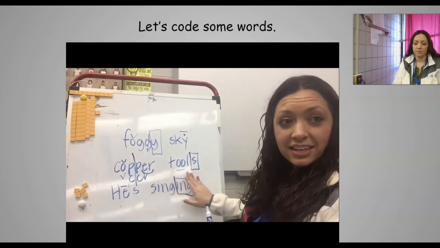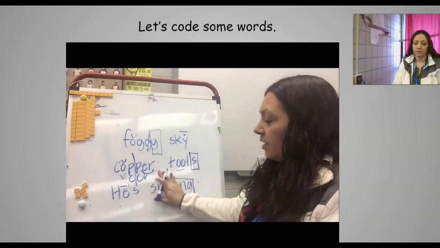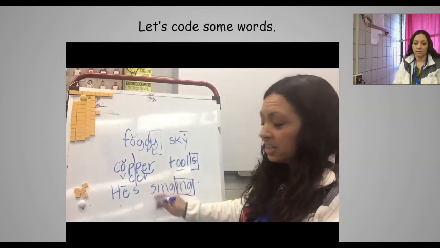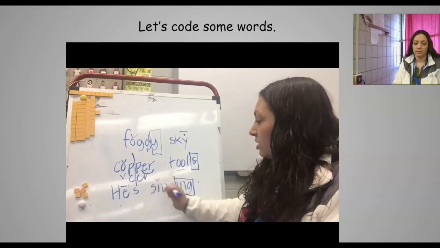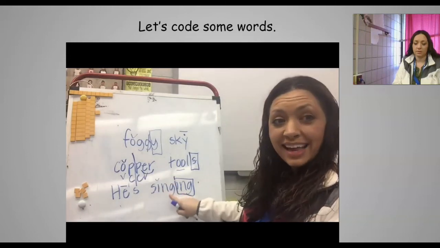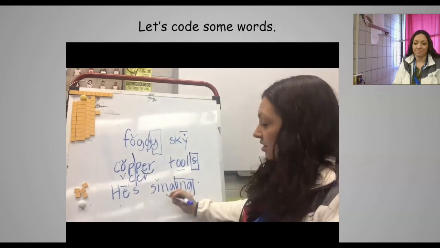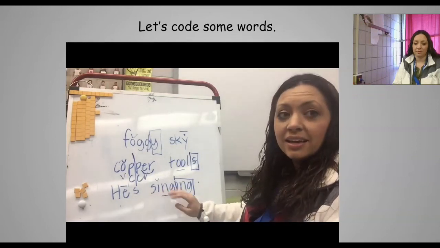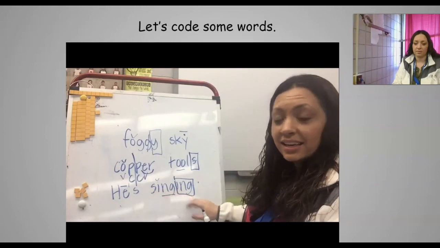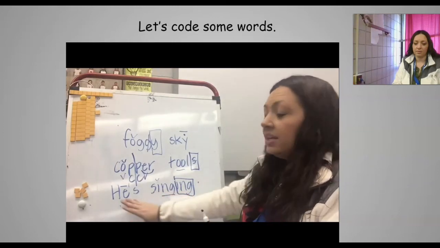So that would make an S by itself, and that doesn't make sense. So if I look for my vowel, it is I, it's in front of N, so it's going to be short. But then I also see that NG, so I'm going to underline it. So I have sing, singing, very good. So he's singing.